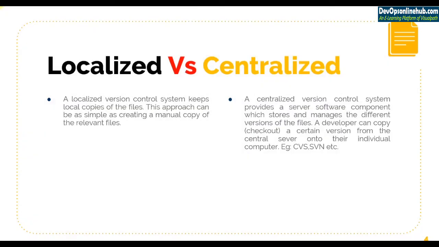Now again, there are different types of version control system. Initially, when the idea was just to track the changes, we had localized version control system. You are working on your code or your configuration file, you keep track of everything locally on your system, and we use localized version control systems for that. But then the requirement was also of merging changes of multiple developers working on the same source code.